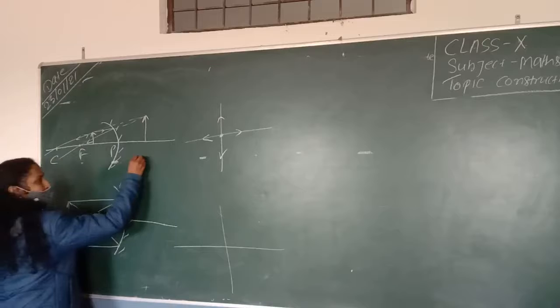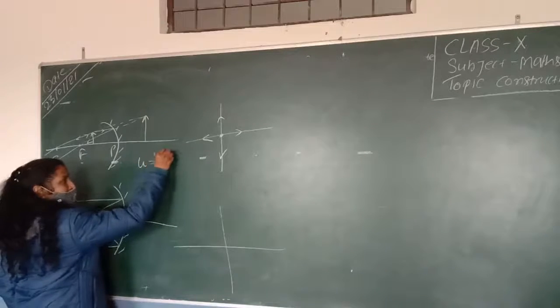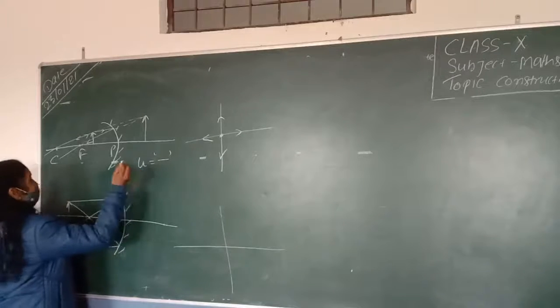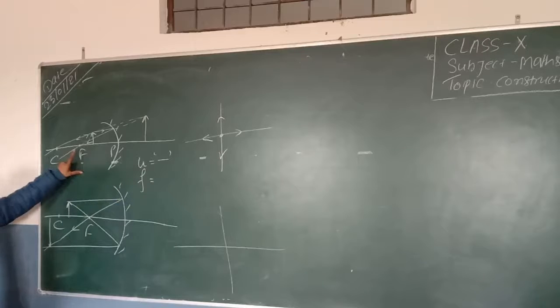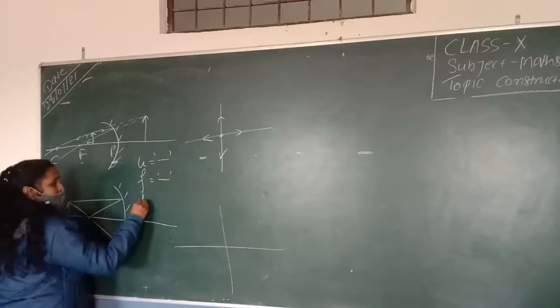So it means u should be negative. Is it always negative for all the mirrors and for the lenses? It is negative. And what about f? We are using this focus of the mirror. So should it be negative or positive? It is negative. The f is on this side, so we are measuring towards this side, it means that it is always negative.